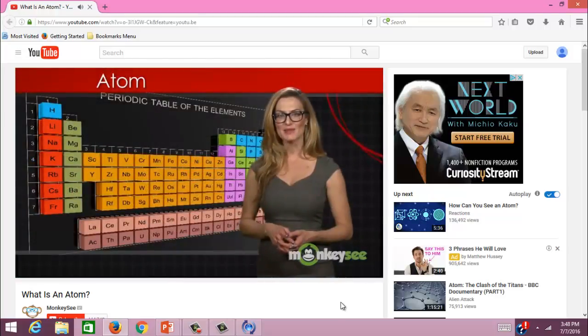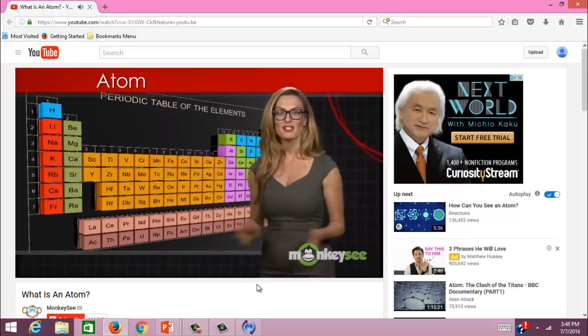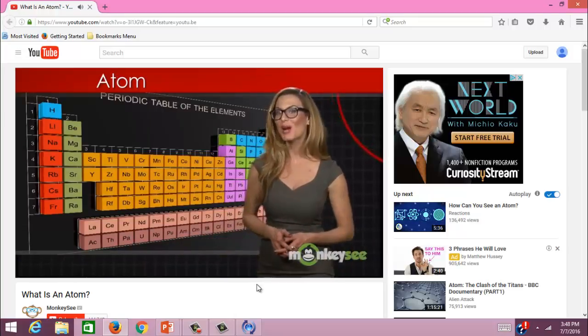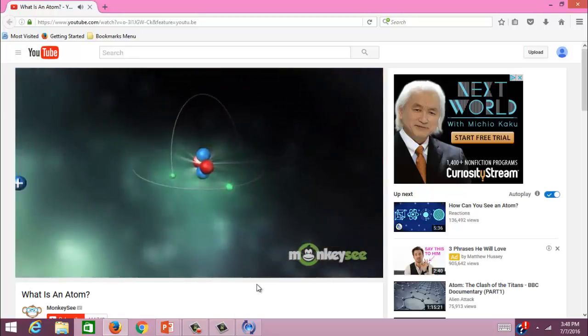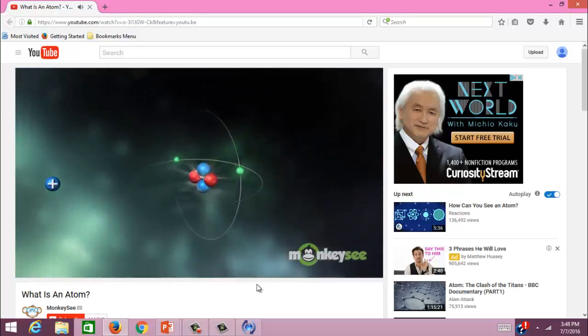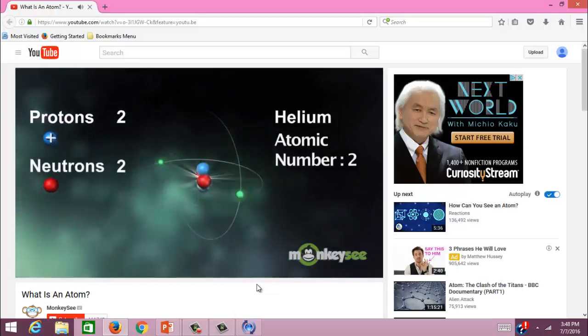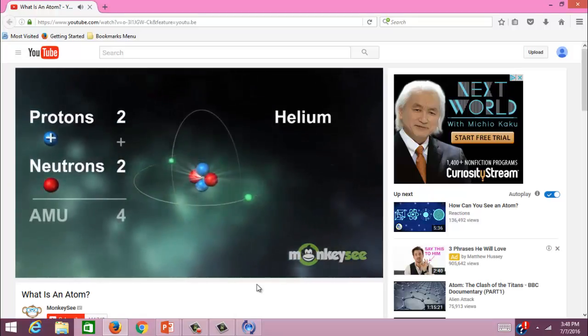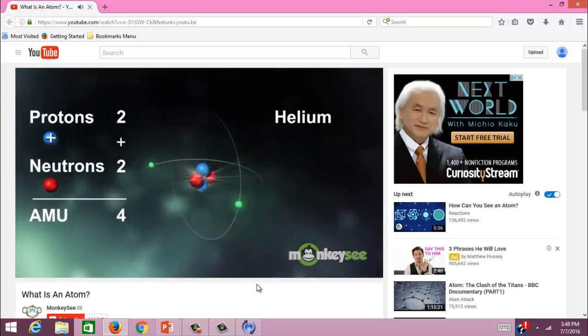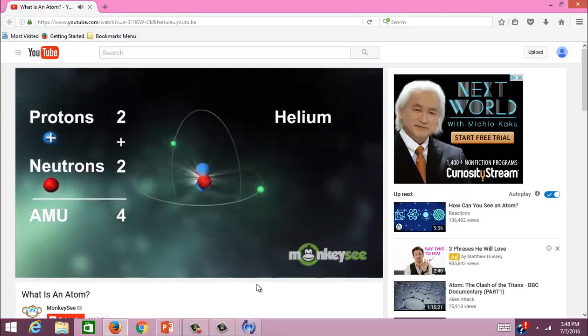Scientists assign atoms an atomic number and atomic mass unit. The atomic number is the number of protons present in the atom. For instance, a helium atom has 2 protons, so helium's atomic number is 2. Add the number of protons and neutrons in an atom's nucleus together, and you get the atomic mass unit, or AMU.